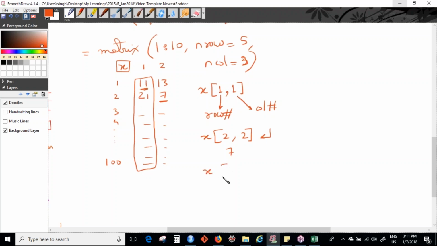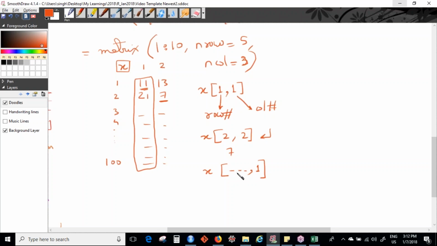You will write x, you will write all the rows that I want, and then you will write the column number. The column number is 1 here. But it is not possible for you to write all the numbers from 1 till 100. So what you can do in that case, if you want everything, you will just leave it blank.